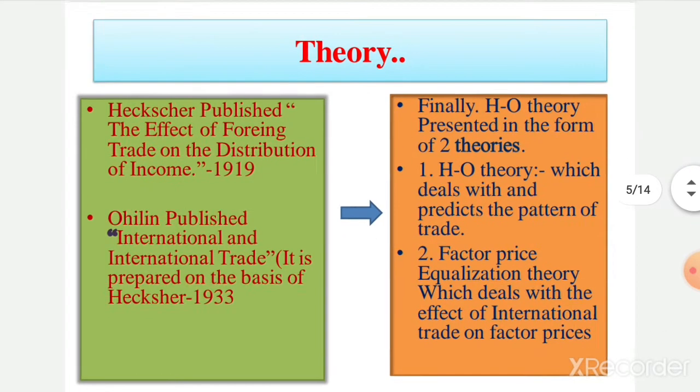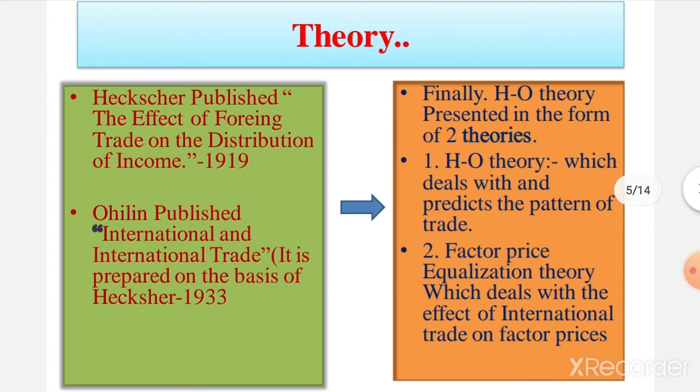Next, what this theory states. Heckscher published the effect of foreign trade on the distribution of income in 1919. Ohlin published Interregional and International Trade in 1933, prepared on the basis of Heckscher's work.